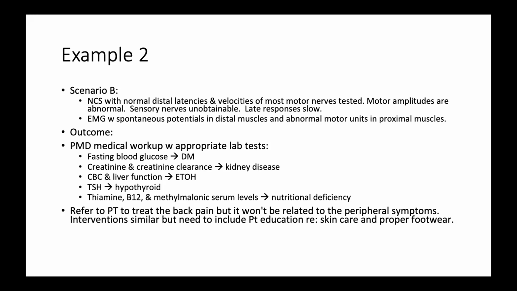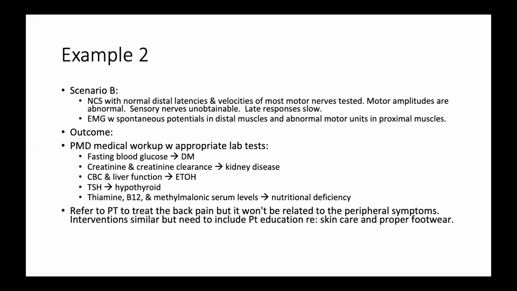The sensory nerves were unobtainable, and the late responses were slow. So he had delayed H-reflex bilaterally, and he had delayed peroneal F wave. The EMG for this patient, he had spontaneous potentials in only the distal muscles.